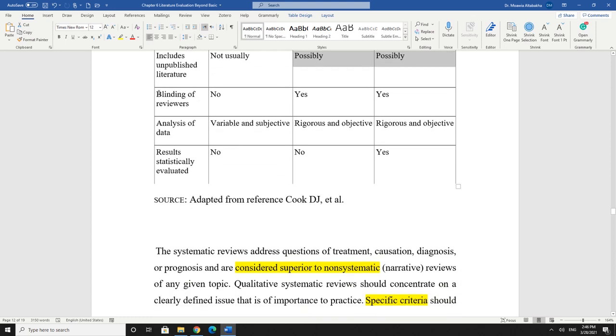Then, is there blinding of reviewers? What does blinding of reviewers mean? Let's suppose Tala, Tolin and Zahra are going to do a systematic review. They put their inclusion and exclusion criteria, they did their search and they found, let's say, 100 articles.